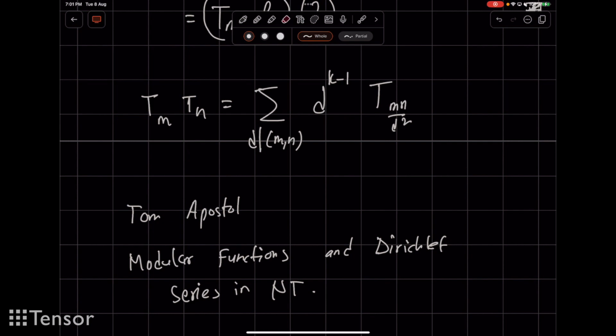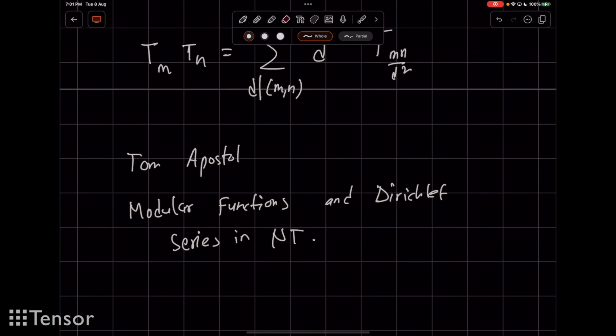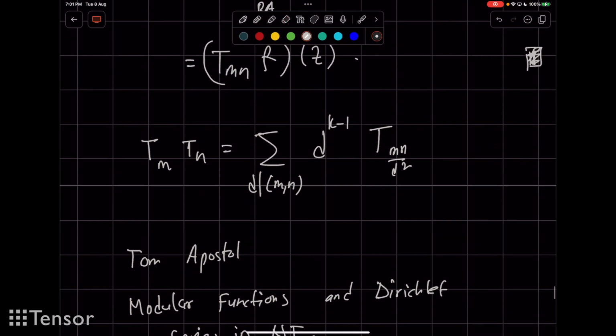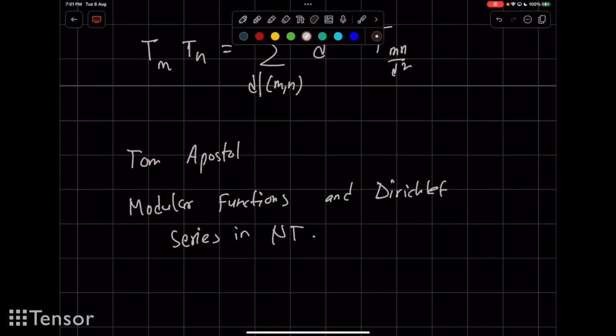Those are basically modular forms of weight 0. But we have seen that the only modular form of weight 0 is the 0 function, so the definition of a modular function is a bit weaker. That's why modular functions are interesting. So you can take a look at this book for more references about these Hecke operators and eigenforms and so on.